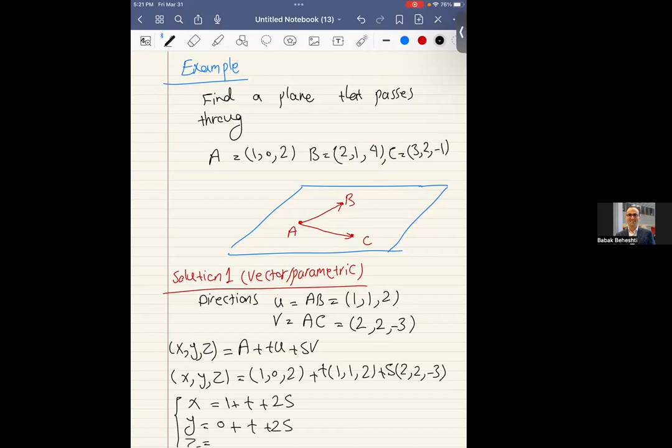And then z is equal to 2 plus 2t minus 3s. This is the parametric equation. Clear? Is that clear? Any question?